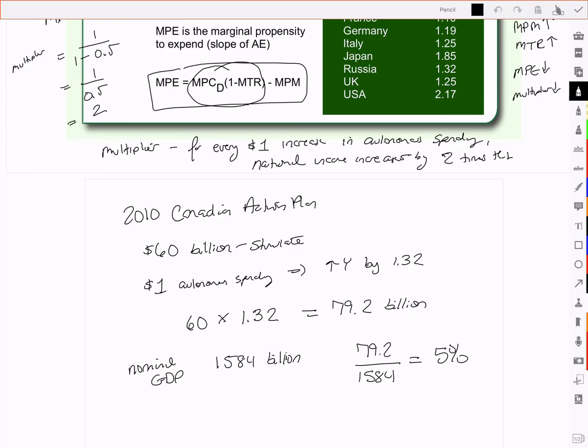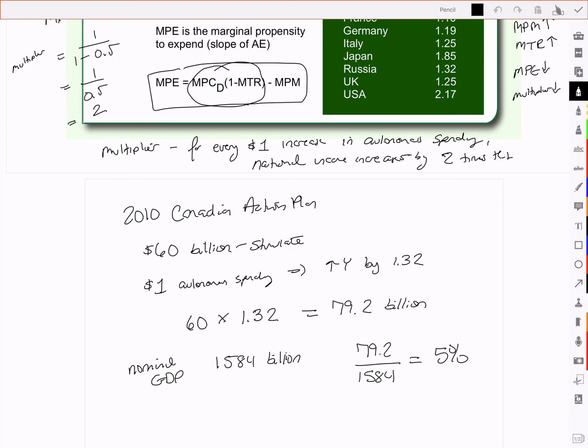If your goal was to grow the economy 5%, then the higher the multiplier, the less the government has to spend to stimulate the economy, because the more the money they spend will multiply or ripple throughout. The lower your multiplier, the more the government would have to spend to stimulate the economy.